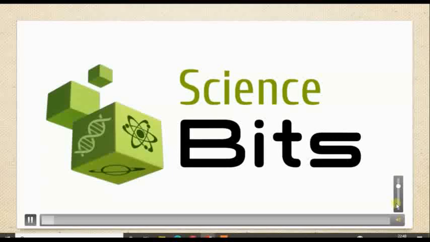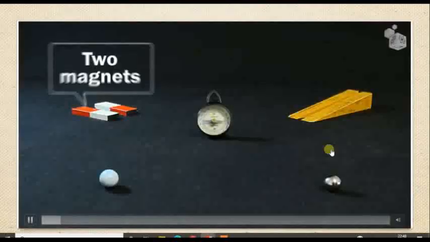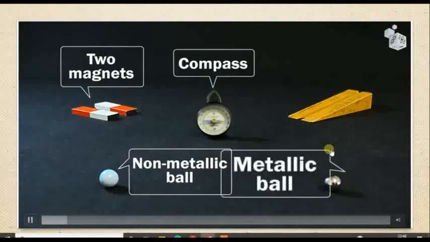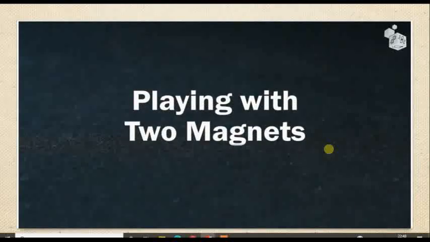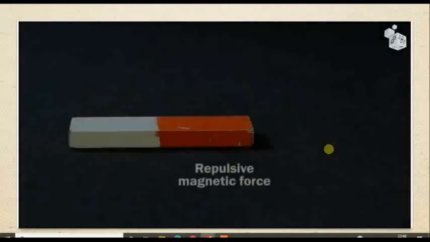Here I have taken two bar magnets, one non-metallic ball, a compass, a metallic ball, and a ramp. First, let us play with two magnets.